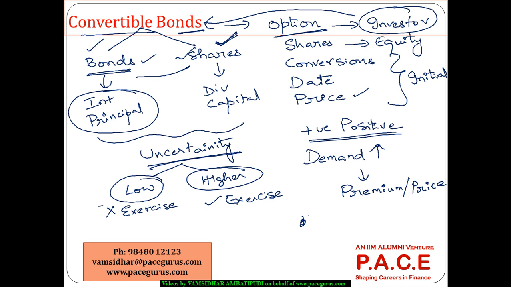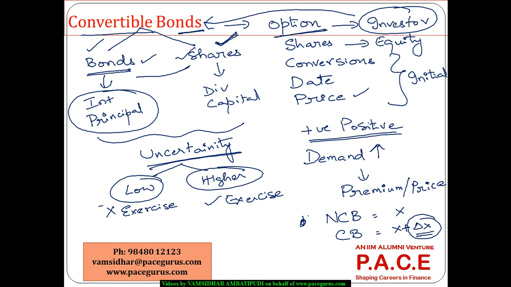For a non-convertible bond, if he is paying some X, for a convertible bond he has to pay some X plus delta X. This delta X contributes towards the option that he is taking additionally, so that he can choose whether he wants to convert that bond into a share or not, at a future point in time.